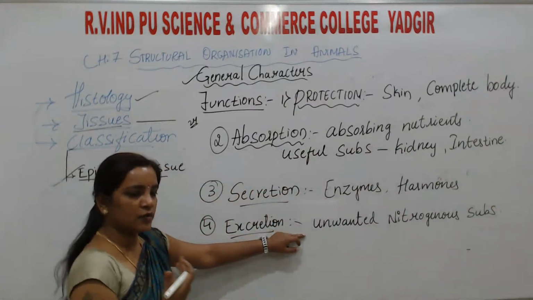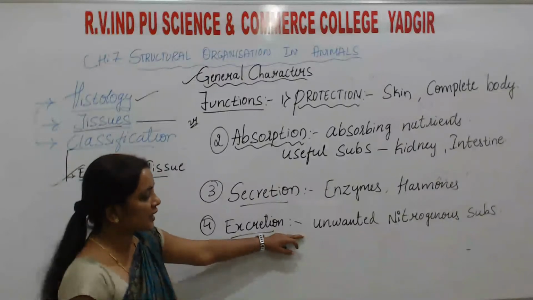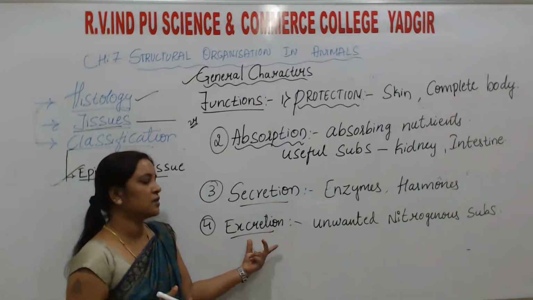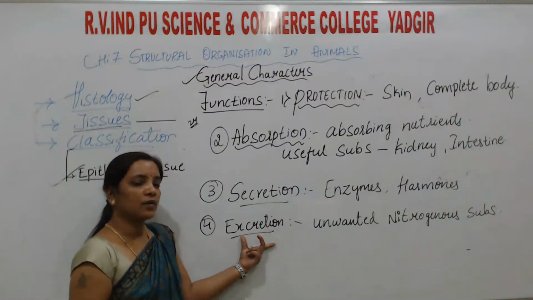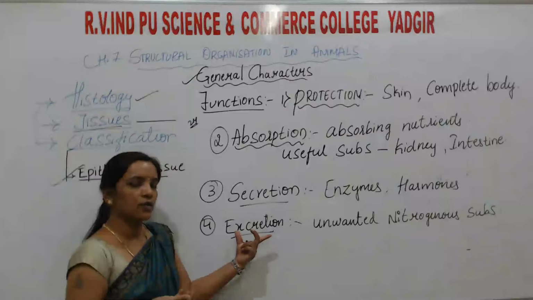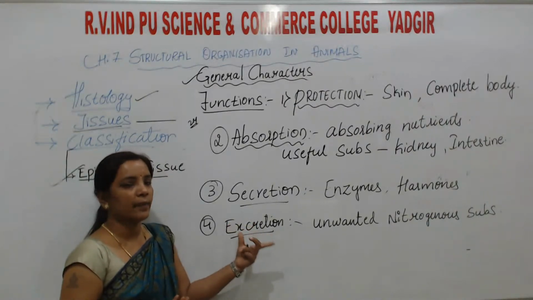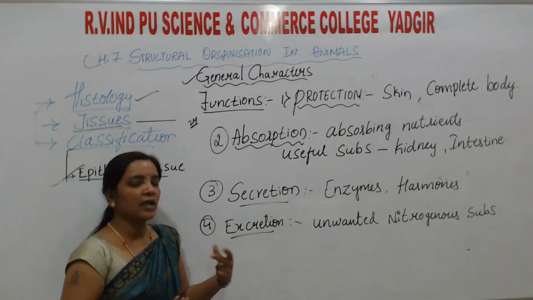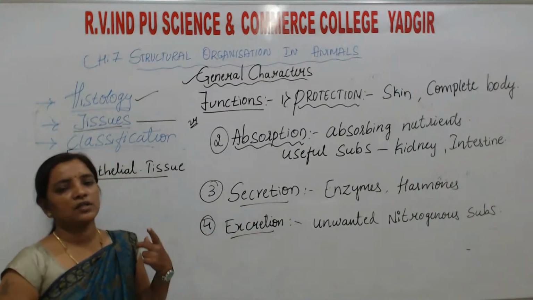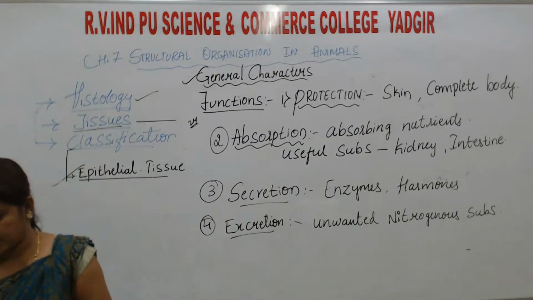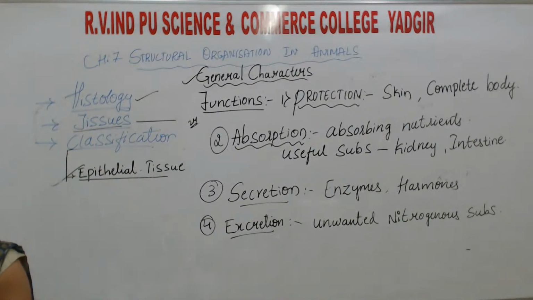Removal in the form of sweating, or different nitrogenous substances, toxic substances, and salts will be removed. Epithelial tissue is also acting in excretion; it is capable of removing unwanted nitrogenous substances. After that, transport.